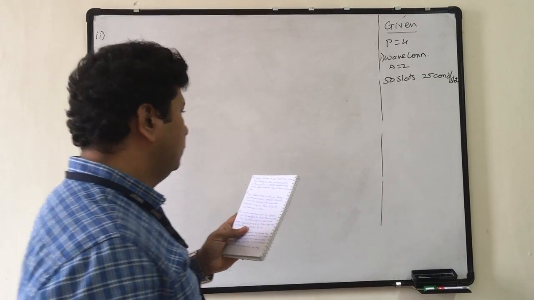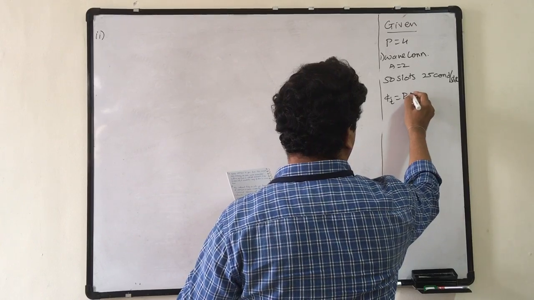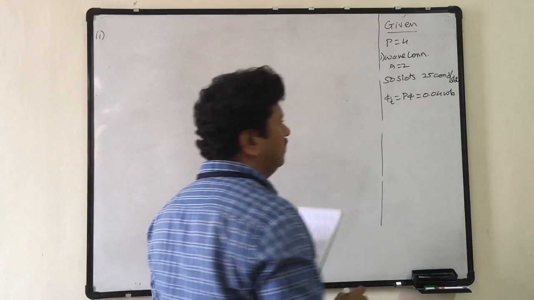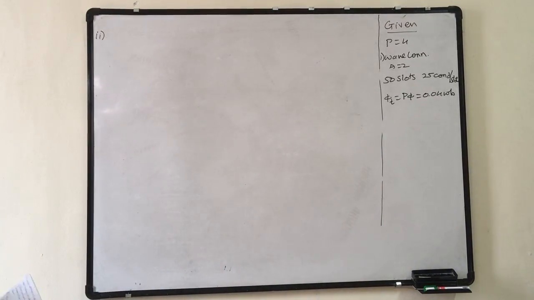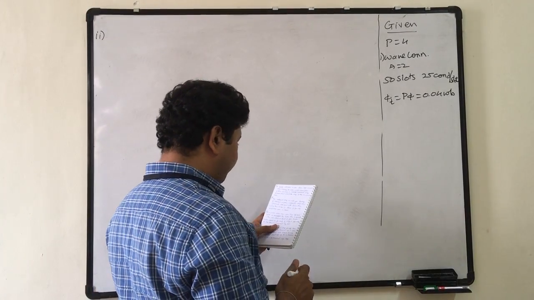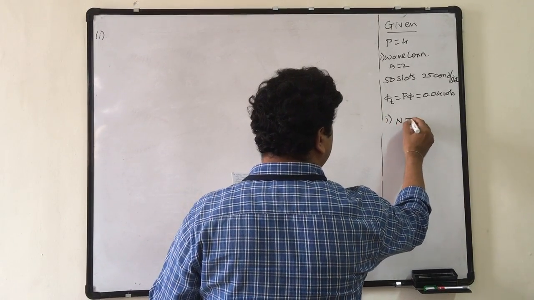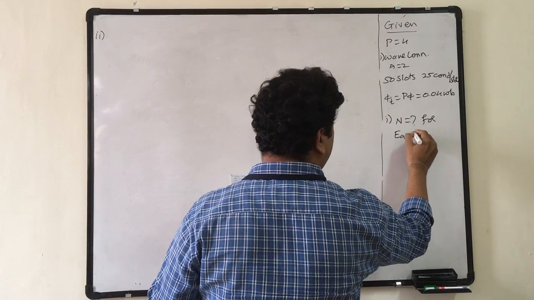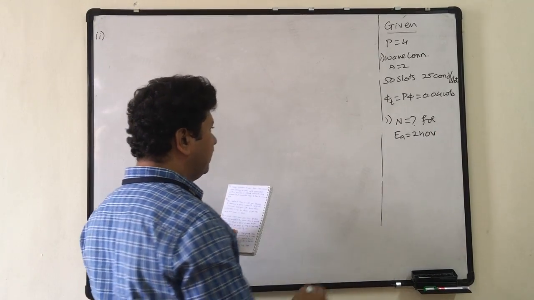The total flux in the machine, P phi, is 0.04 Webers. Number of poles are P, total flux is P phi. Now what is the speed of generator for EA equals 240 volts. This is the first case.